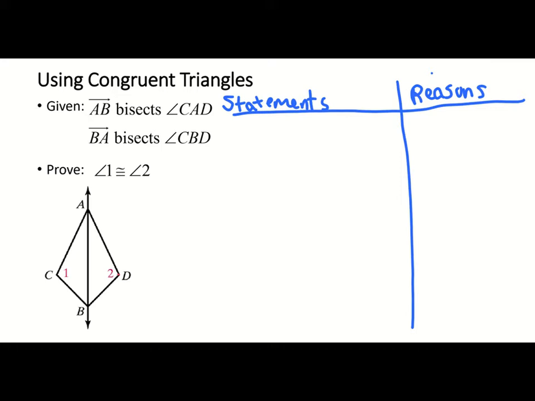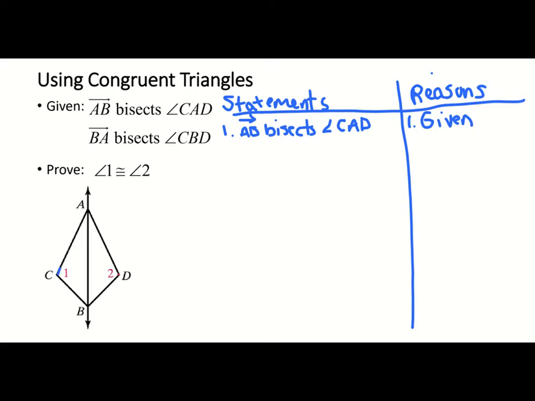Okay, first one is our given. So we're going to say we know that ray AB bisects angle CAD. I'm only going to put that one to start with because I do know that that particular ray AB bisects angle CAD.